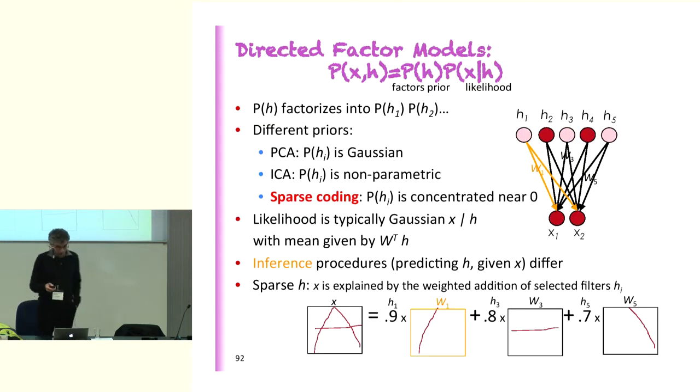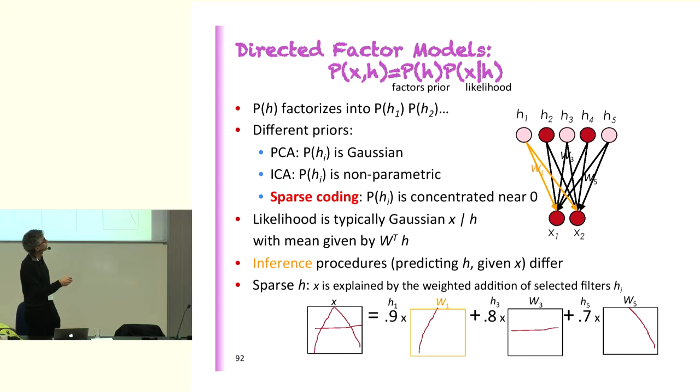There are a bunch of models, including PCA, which you can interpret from a probabilistic point of view as saying that the joint distribution between the input and some latent factor that explains the data is decomposed as a prior distribution on the factors times a likelihood or conditional distribution of the data given the factor.